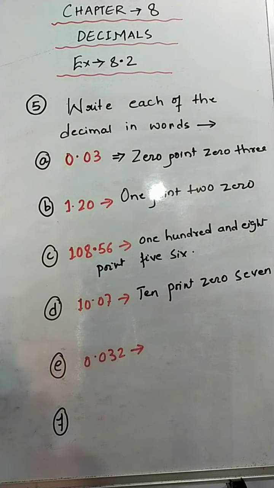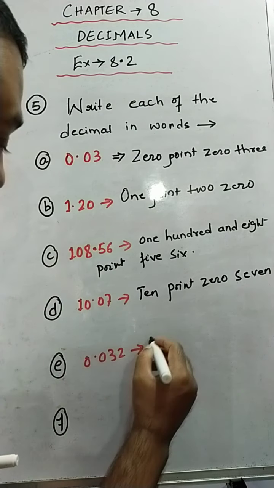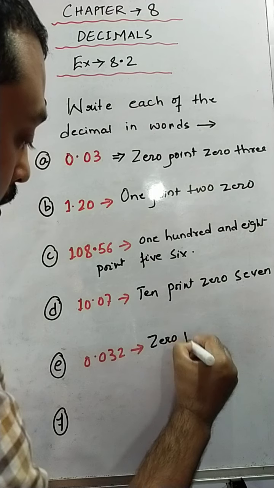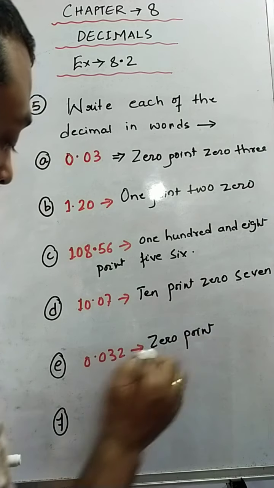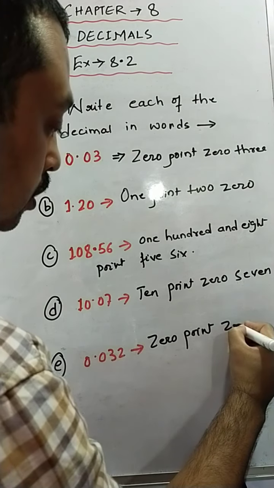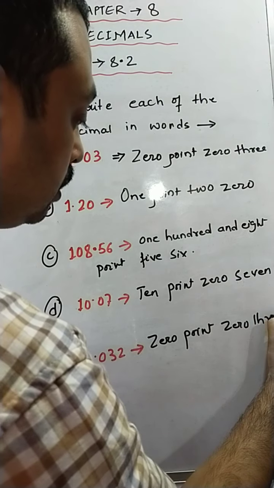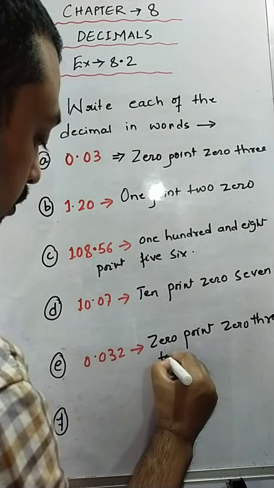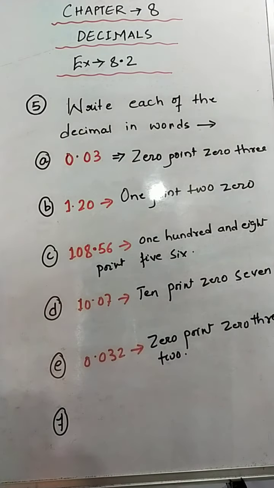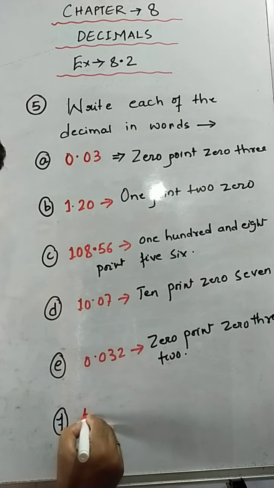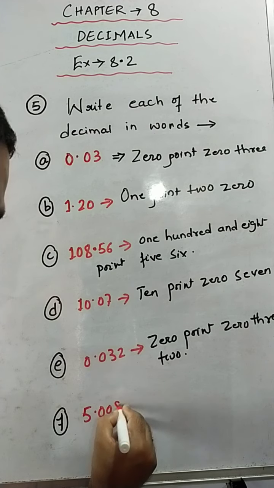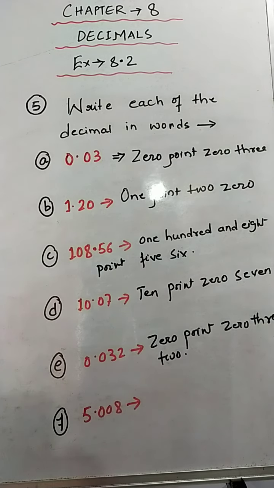Okay, so on the left hand side of the decimal we have just 0, so we will write 0.032. Okay, now the last one. So how to read this decimal form?